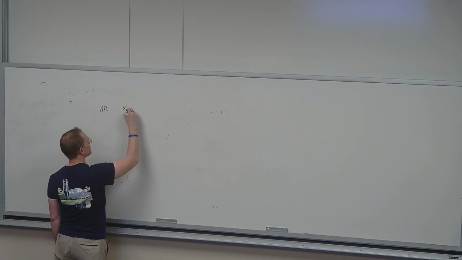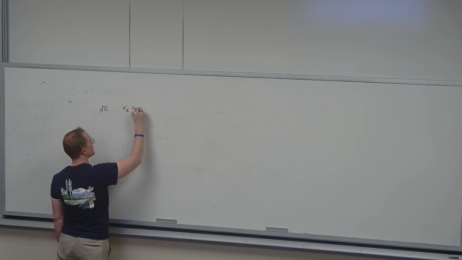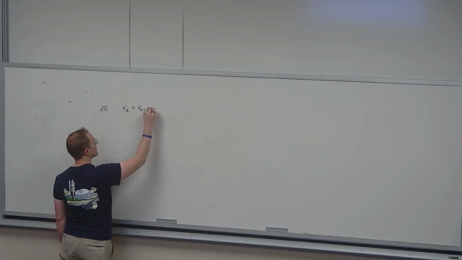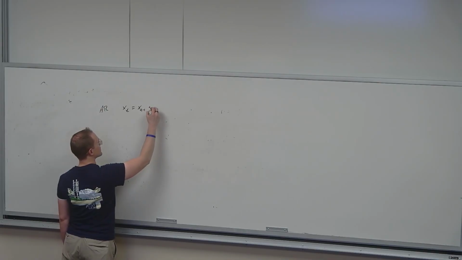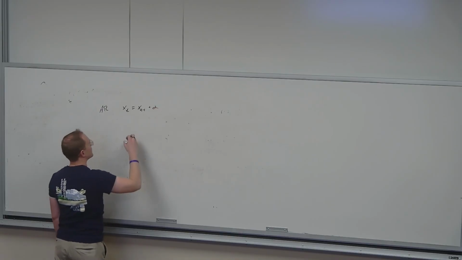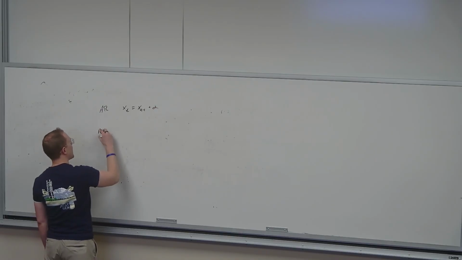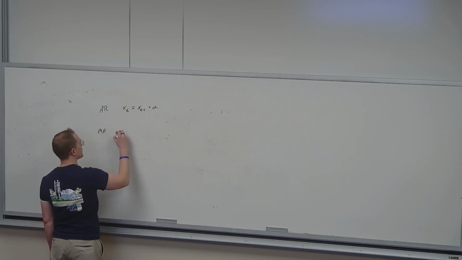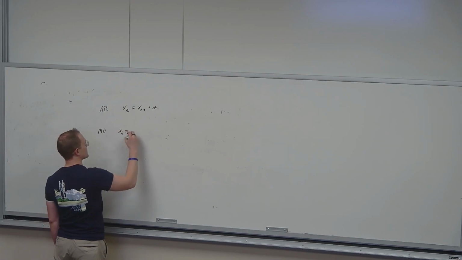X_t equals X_t minus 1 plus some error. Something else. What was that? Do you remember? I didn't put the date on it, but it's time series.